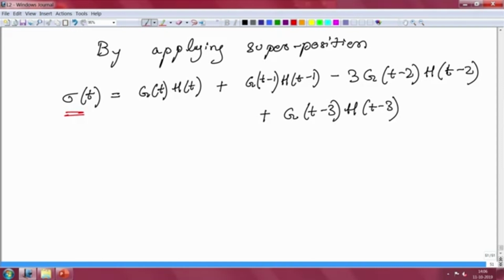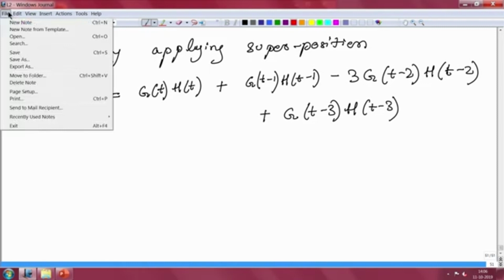So, this is the proper mathematical formulation for this. But let us say somebody asks you to go ahead and numerically compute it.